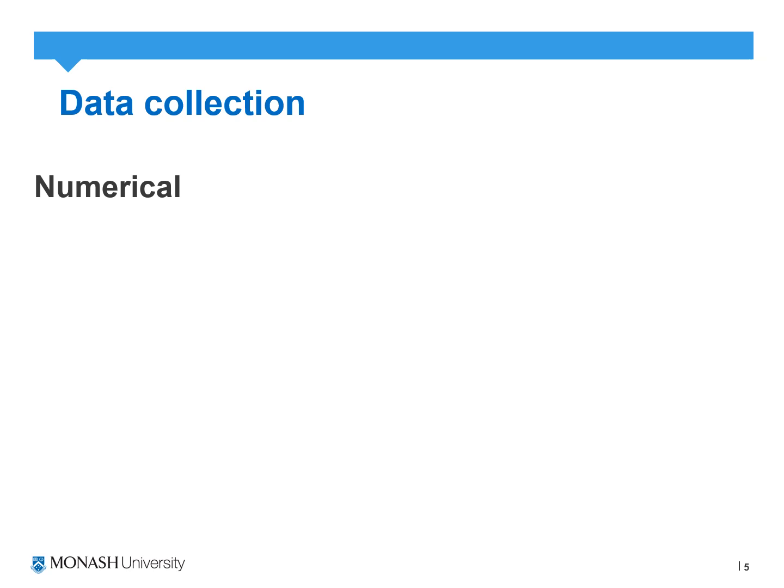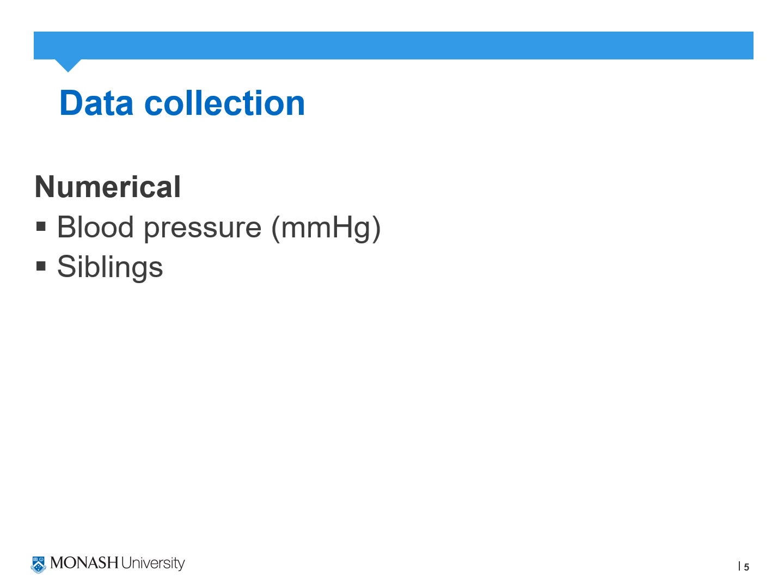In this slide, we're going to run through a couple of examples of our different types of data. Numerical data can be, as the name suggests, things to do with numbers. It could be blood pressure, or the number of siblings that an individual may have.